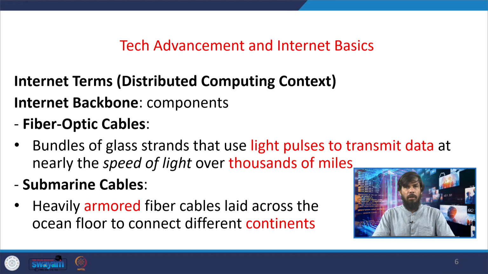Now let us look at the components of this internet backbone. First, fiber optic cables. What are fiber optic cables? We already looked at in the previous slide that these are bundles of glass strands that use light pulses to transmit data. Light pulses were used instead of electrons, as in copper cabling, to transmit data at nearly the speed of light.